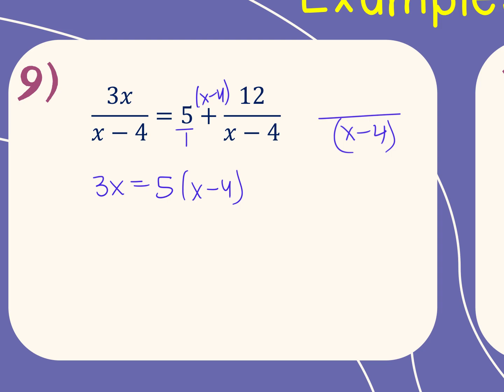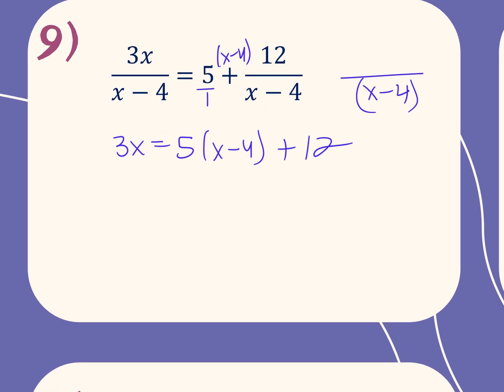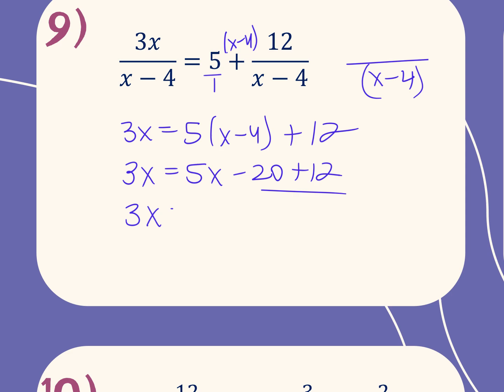And my last fraction, what do I need to multiply by? Nothing. So I have 3x equals 5x minus 20 plus 12. What can I combine on the right-hand side? Negative 20 and 12, which is? Be confident in yourself, please.